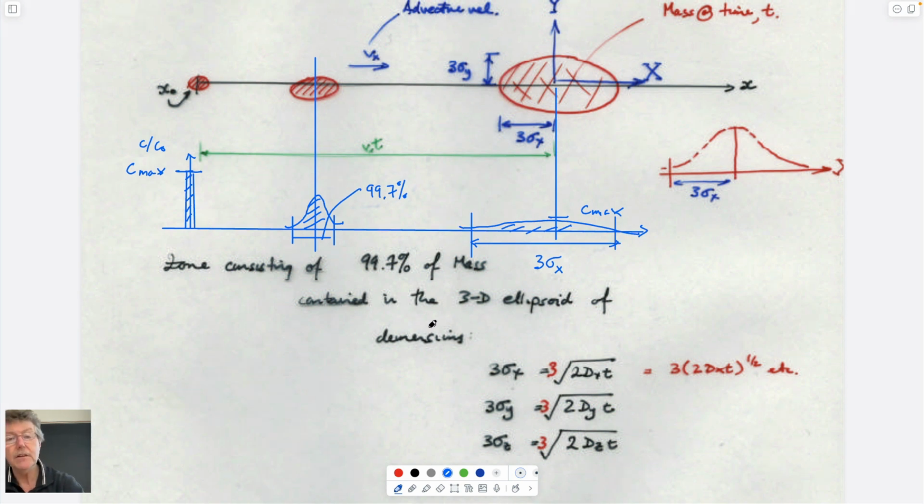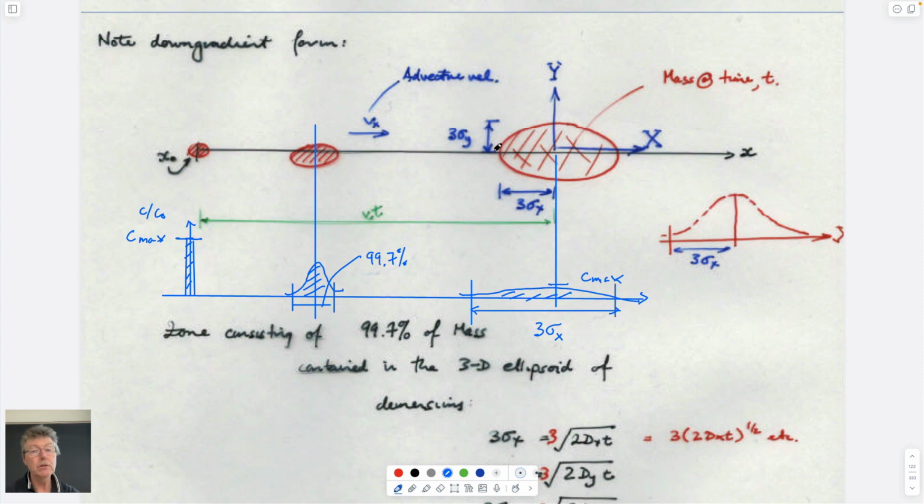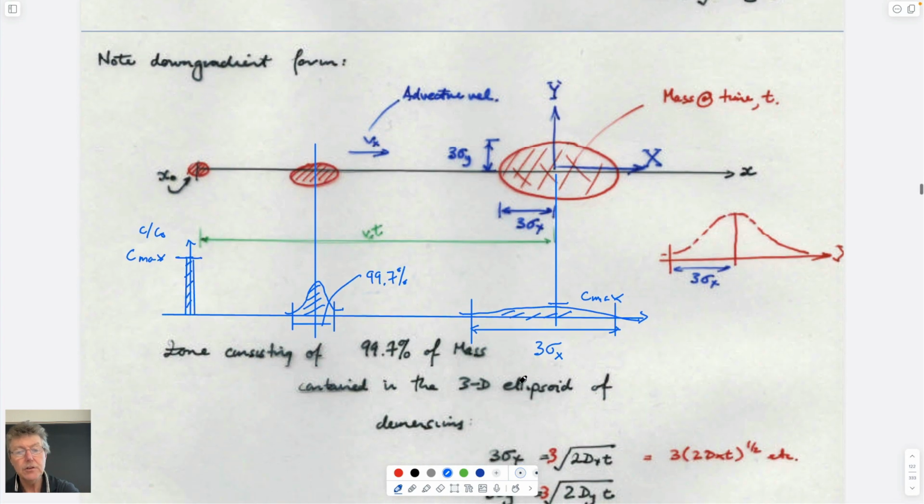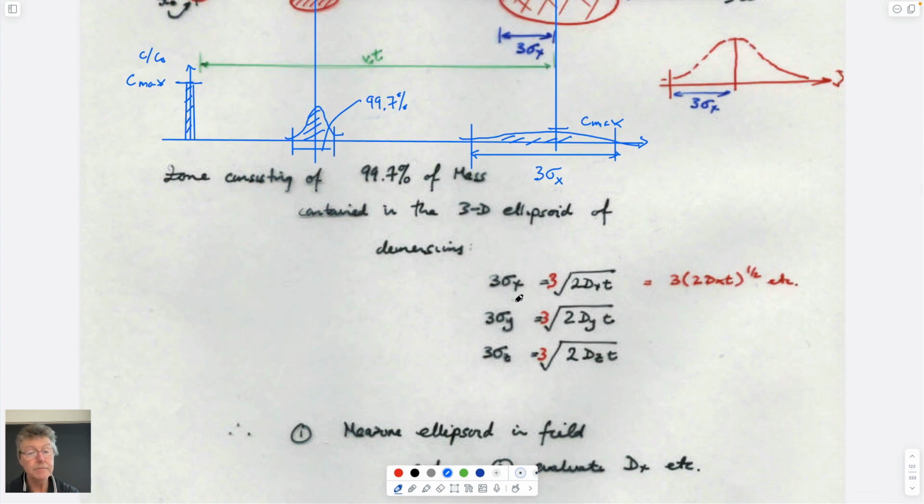So the utility of this is if you knew what a plume looked like in the field, and you knew that the length of this plume is equal to 3 standard deviations, which is defined in terms of this expression here.